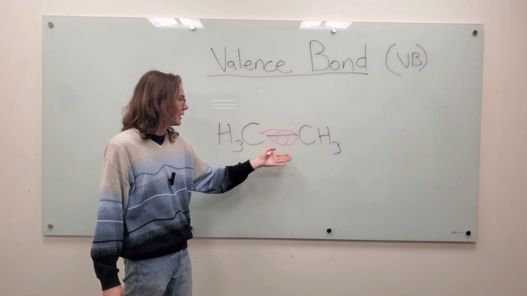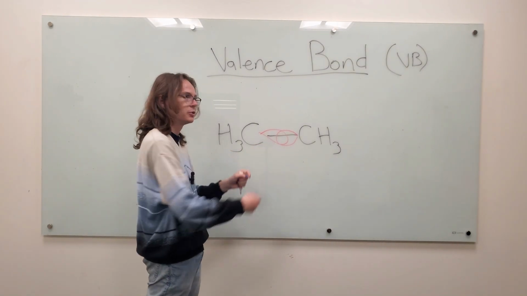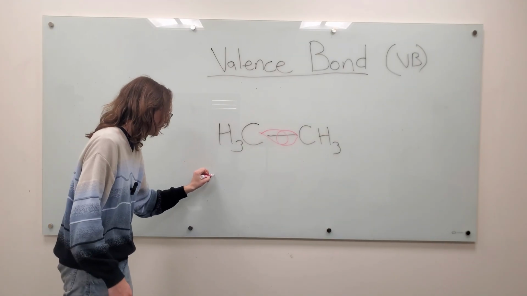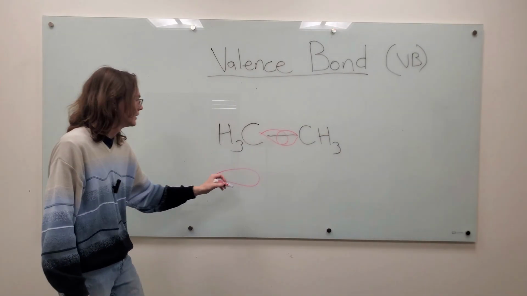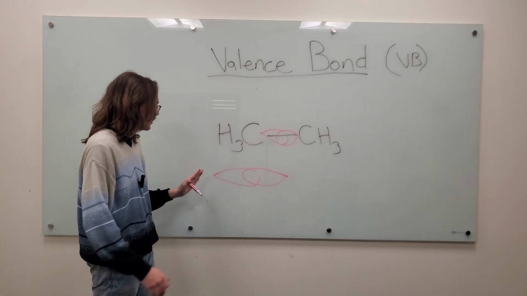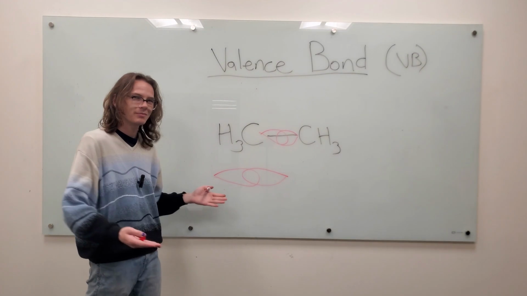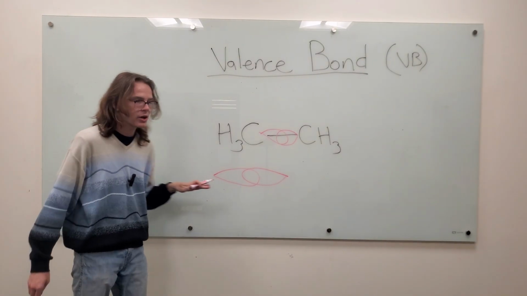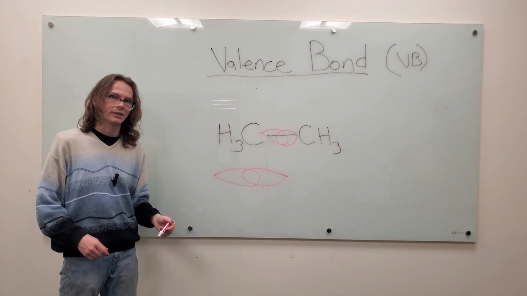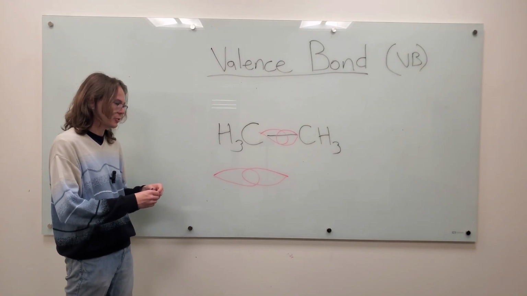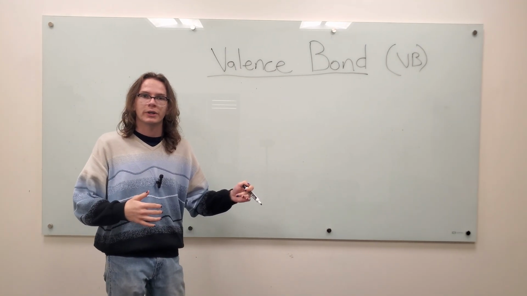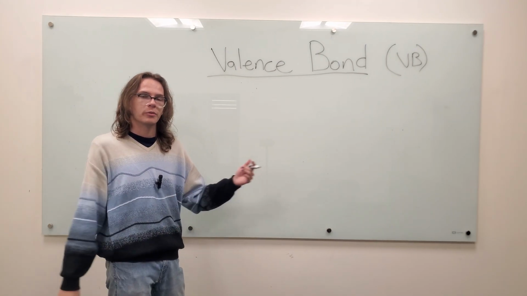And so that is also going to form a sigma bond between these two carbons. Once again, with the overlap of this sp3 orbital and this sp3 orbital, when we look down the axis of the bond, this is going to be cylindrically symmetric.